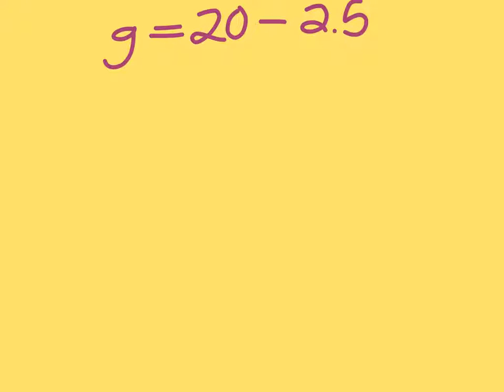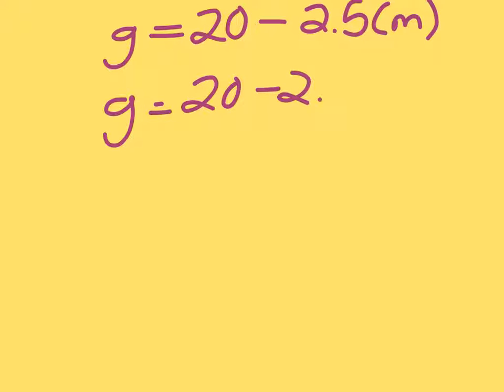Okay, let's try another one. Because we need more points if we're going to graph, the gallons remaining is 20. That's what we started with. And we're subtracting 2.5 gallons for every minute. So let's find out how many gallons are remaining after 2 minutes.